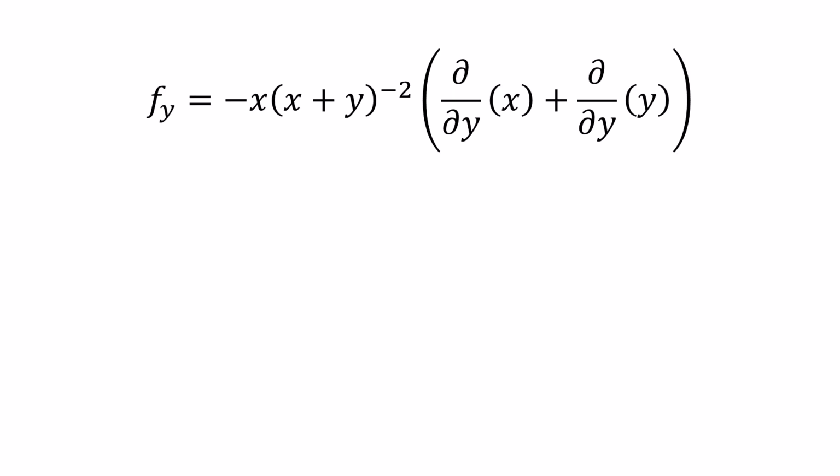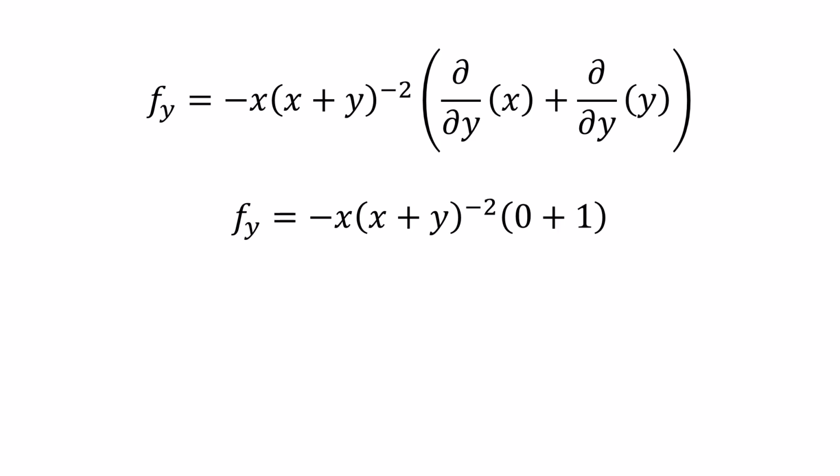Taking the derivatives, we obtain f sub y equals negative x times x plus y to the negative 2 times 0 plus 1.